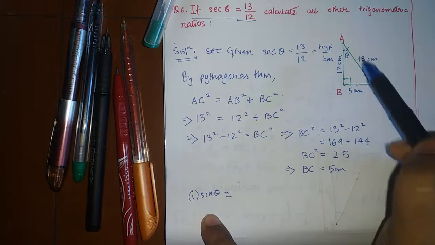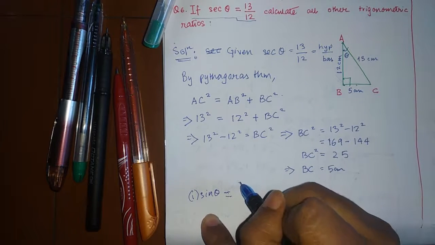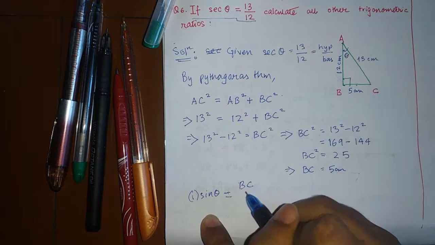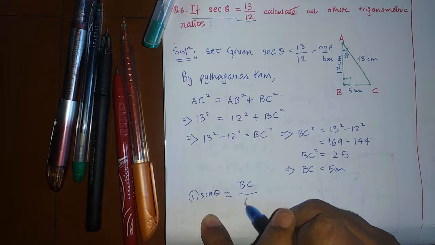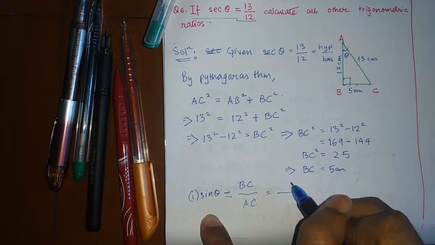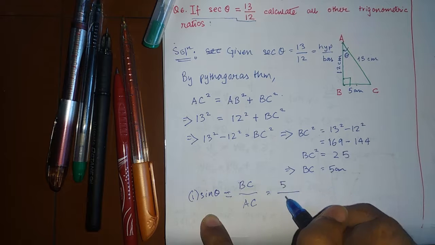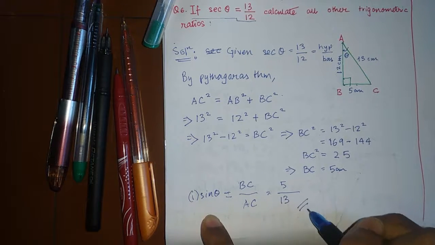What is the perpendicular in this triangle? It's BC, because it is the side opposite to the angle theta, and the hypotenuse is AC. Now just you have to write the values of BC and AC. What is the value of BC? It's 5 centimeter, and AC it's 13 centimeter. So you get the value of sin theta.